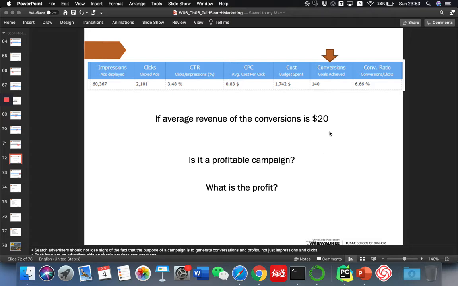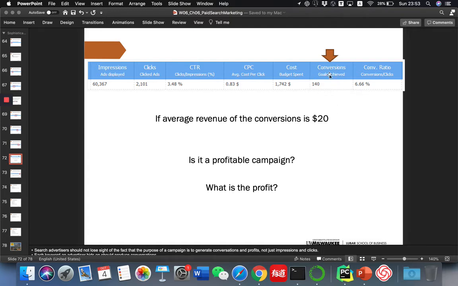Here we already know one deal is $20 as the revenue, right? So now we need to know how about the cost per deal. So what do you think?